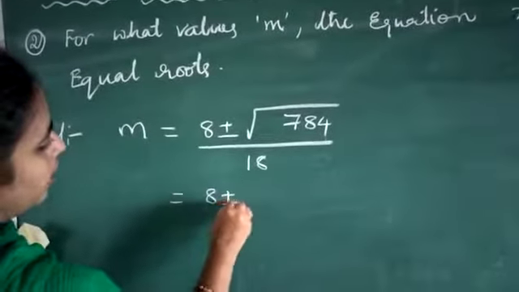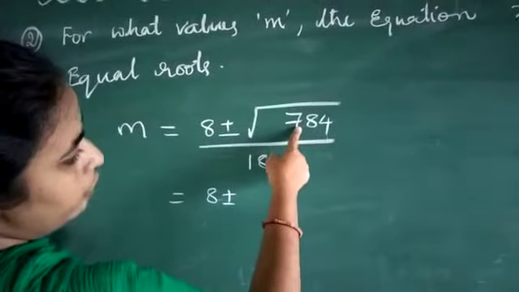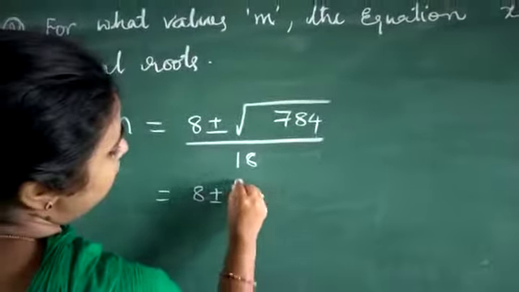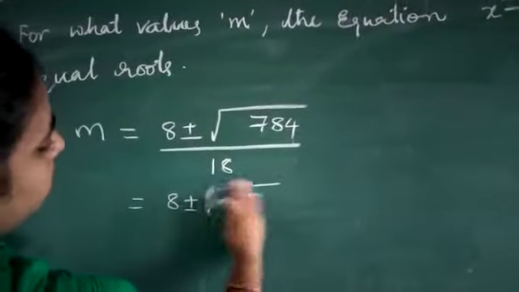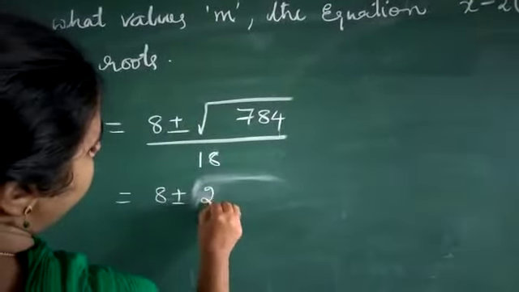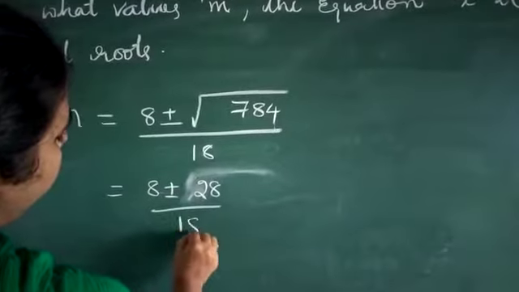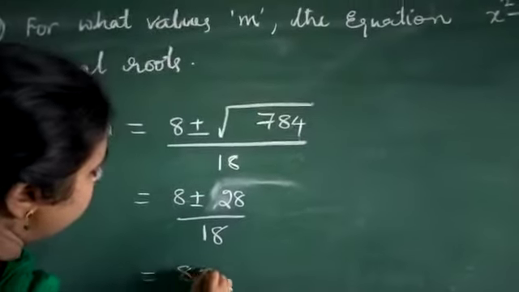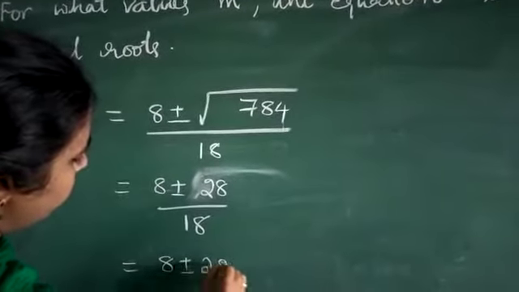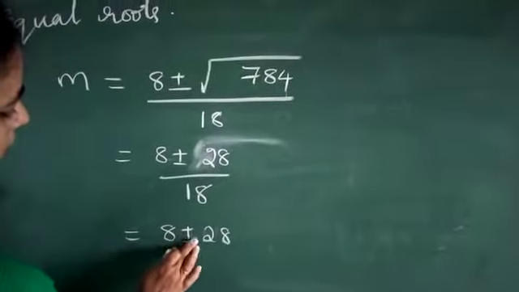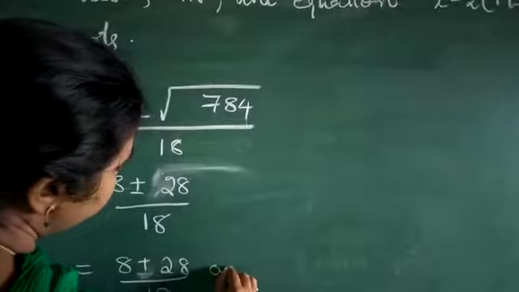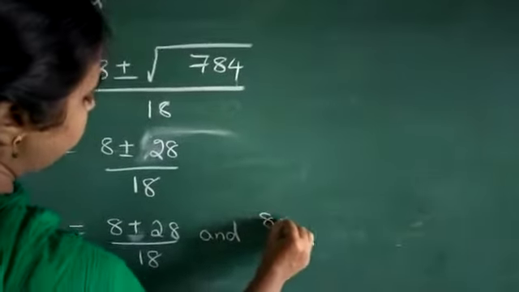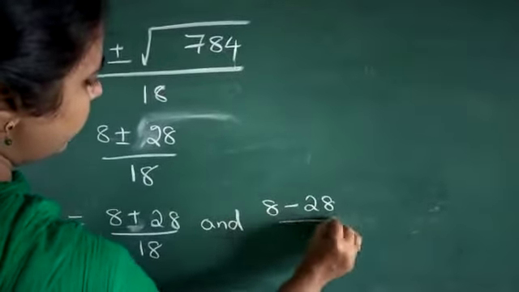8 plus or minus root of 784 will be 28, 14 2s 28, that is 8 plus or minus 28 by 18. Take plus 1 and minus 1: 8 plus 28 by 18 and 8 minus 28 by 18.